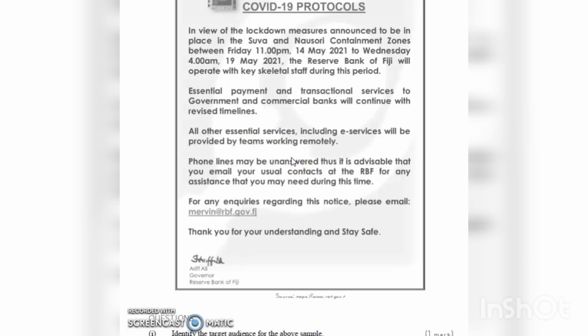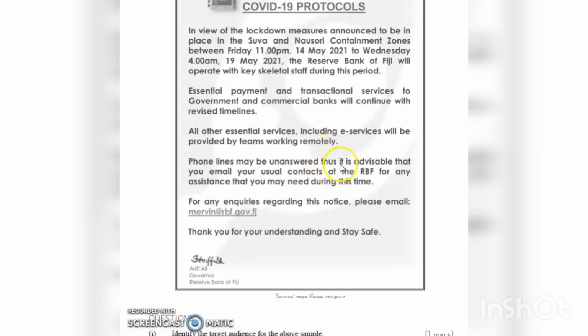There is one independent and one dependent clause, so the answer is a complex sentence. "Phone lines may be unanswered" is independent. Then all of the rest is dependent on this main clause to make sense. The big indicator is "thus". So that is a complex sentence.